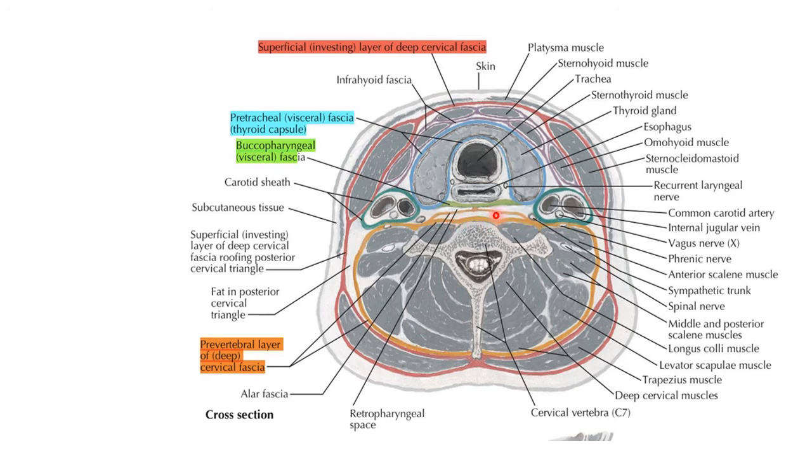This potential space is called the danger space, and it also communicates with the mediastinum, and the retropharyngeal space also communicates with the mediastinum. So they can take infection to the mediastinum. So that was all about the spaces in the neck.